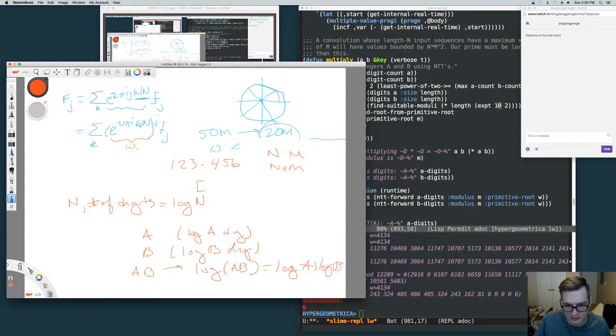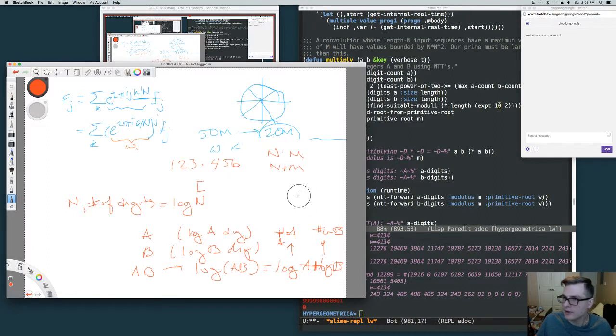It's a plus right here. But this is just the number of digits in a, and this is the number in b.